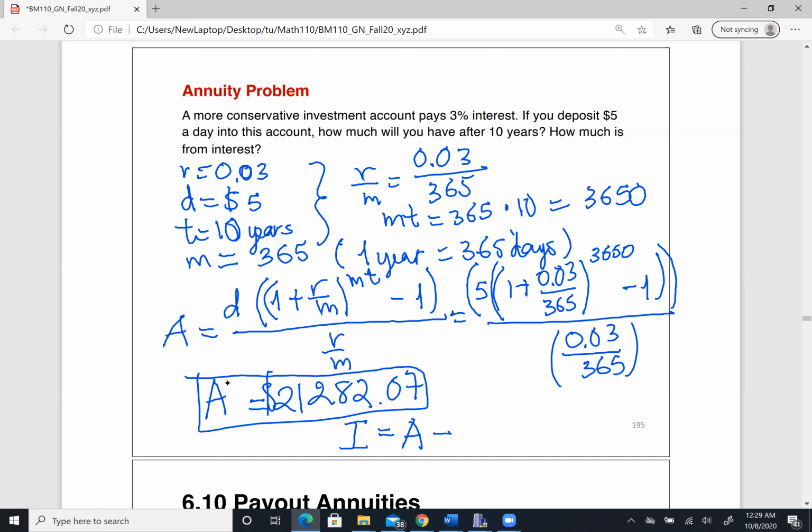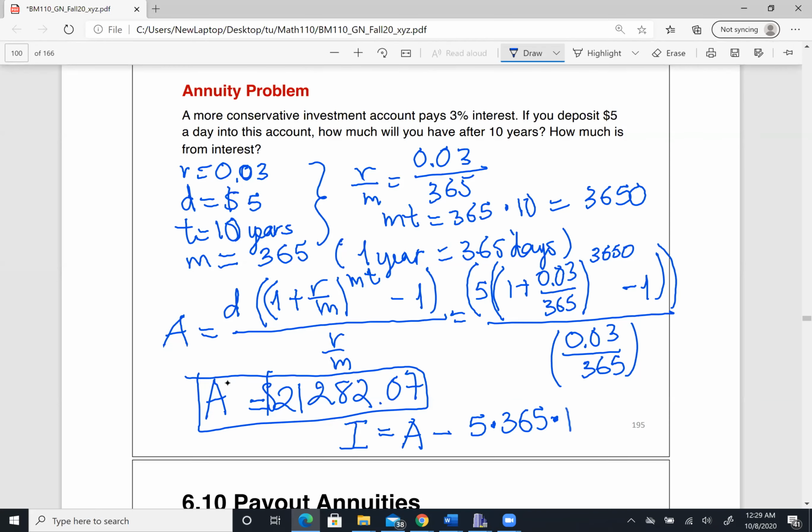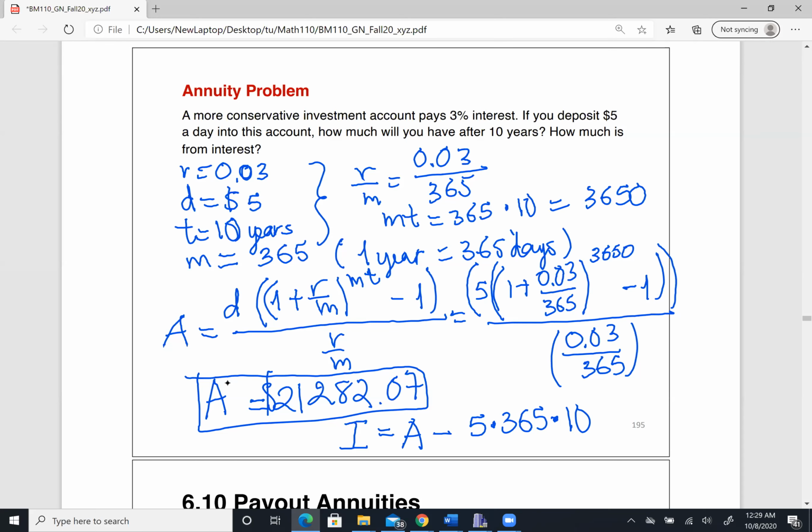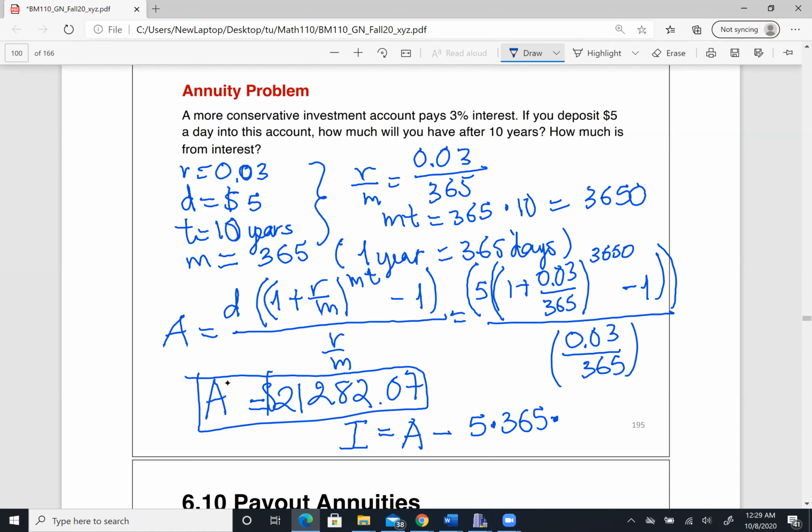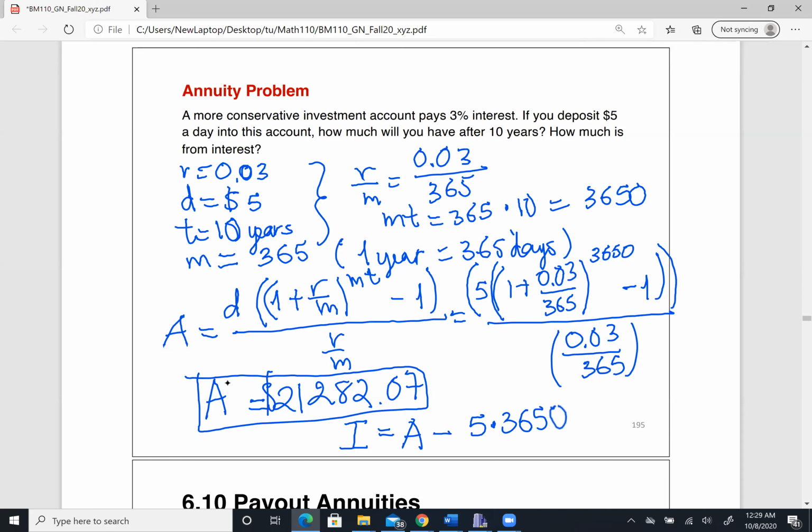So $5 per day means 5 times 365, which is 1 year, multiplied by 10 years. Or you can just multiply by 3,650.